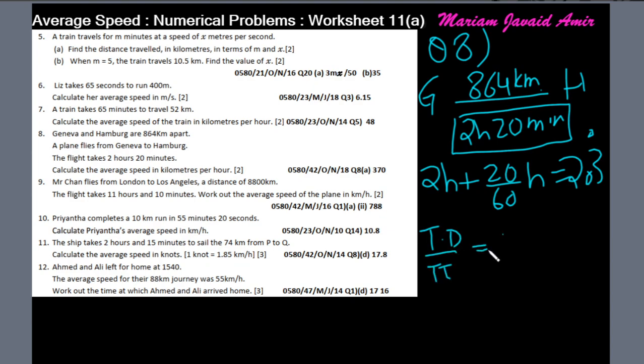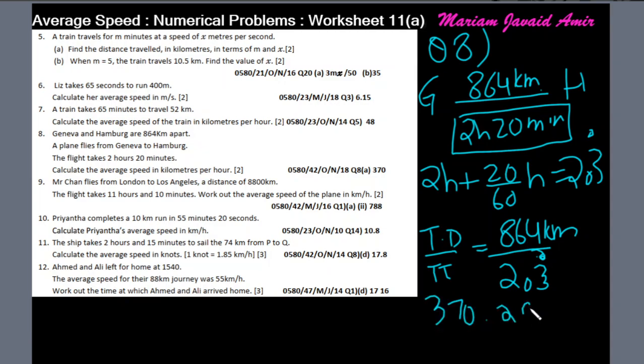Total distance is 864 kilometers and total time is 2.3333. So I will enter in my calculator 864 divided by answer, which gives us 370.2857. Since we give our answer in 3 significant figures, the answer is 370 kilometers per hour.